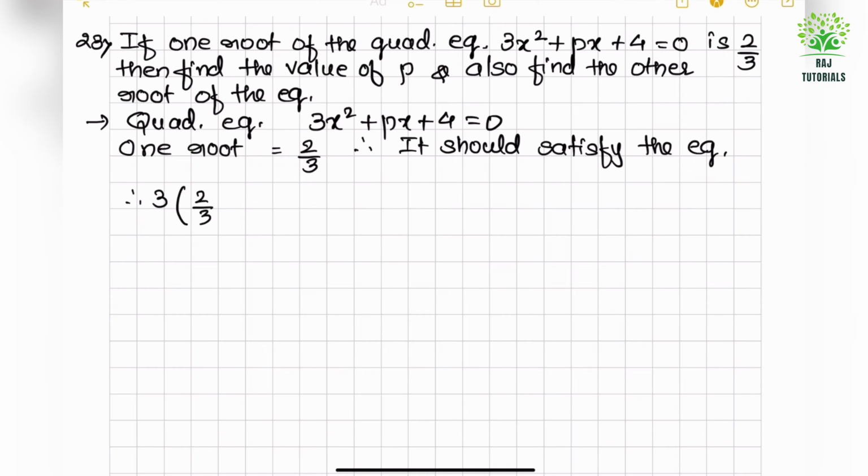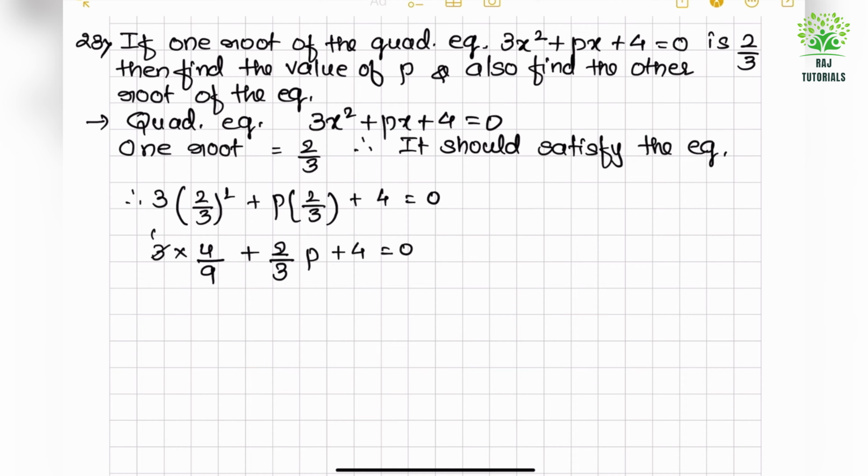So therefore I can say 3 into 2 by 3 whole square plus p into 2 by 3 plus 4 equal to 0. So 3 into 4 by 9 plus 2 by 3 p plus 4 equal to 0. So cutting, I will have 4 upon 3 plus 4 plus 2 by 3 p equal to 0.